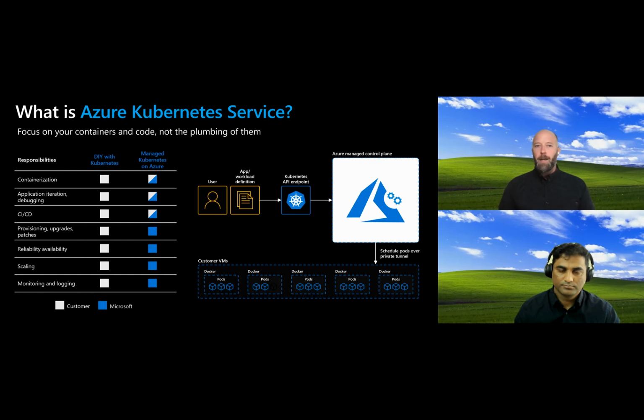So you move from, on the left-hand side there, a Kubernetes cluster that is fully your responsibility top to bottom, to something that is largely managed by Microsoft. So we're providing that capability. You're just deploying an AKS cluster. And what we're doing with the HPCC team is helping them install the HPC platform directly on top of the AKS service via Helm, which is a standard installation platform for Kubernetes.